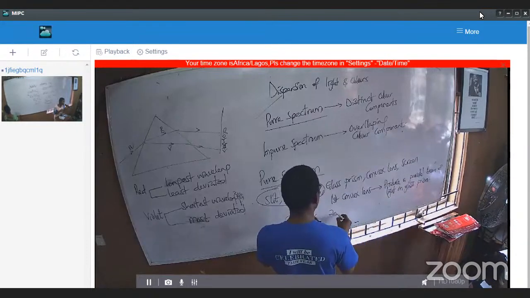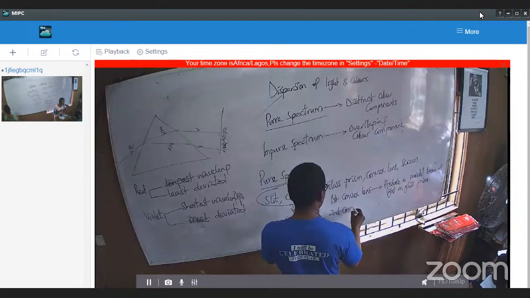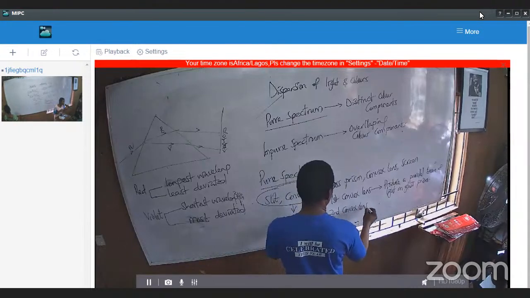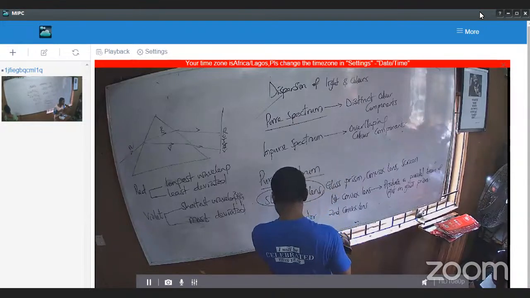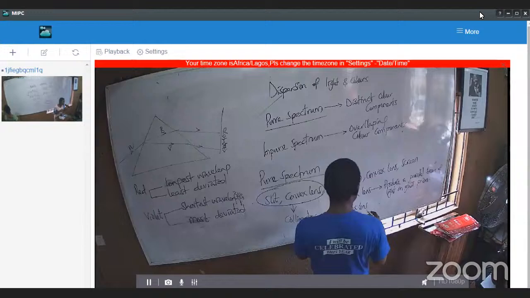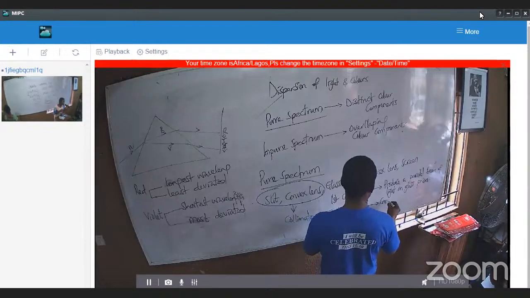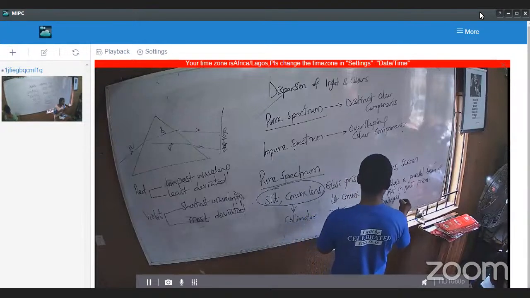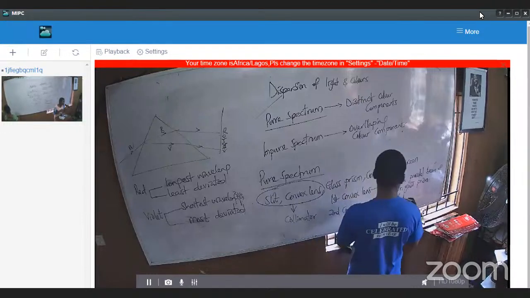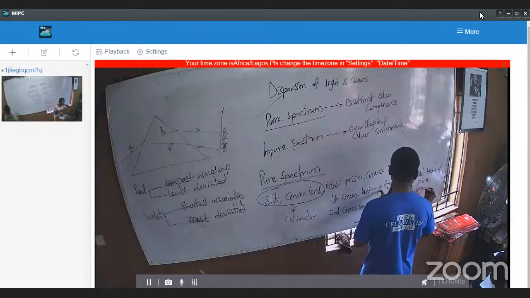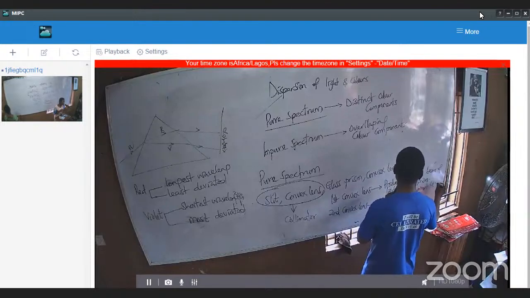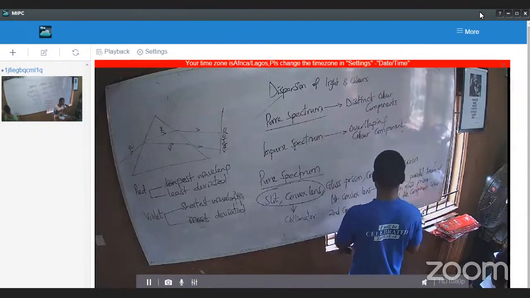Then the second convex lens converges the component colors on the screen.